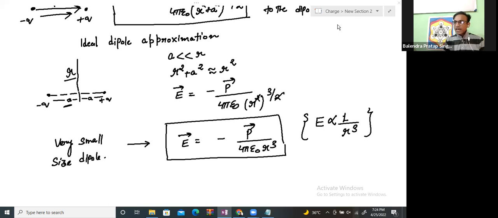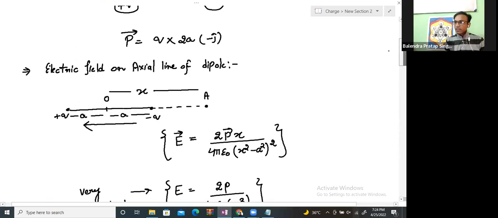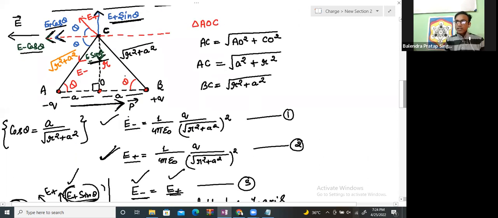Sir, what is r in figure? Small r, as I mentioned in figure. Yeah, that figure you are asking. This distance is your small r, as I showed in figure. This is your small r. This is your minus q, this is your plus q, and the point here we are calculating the electric field at this equatorial line.